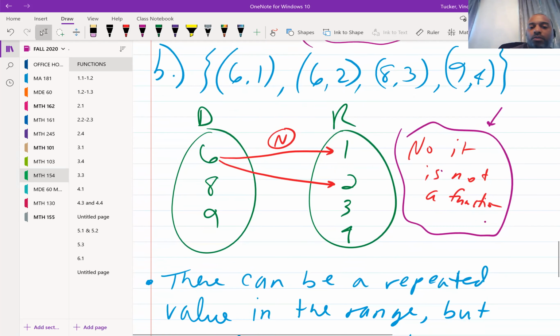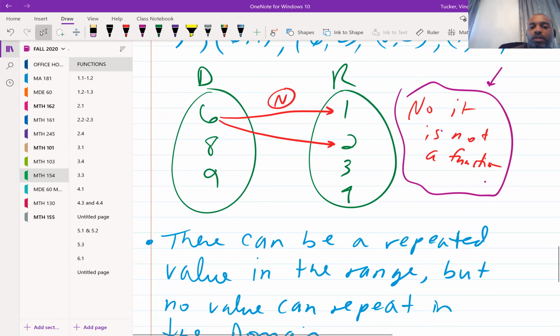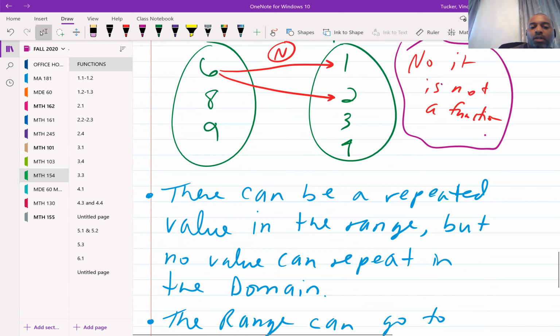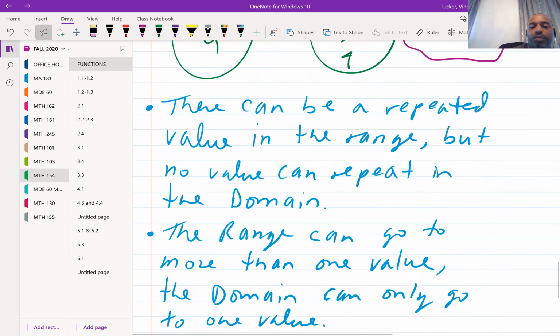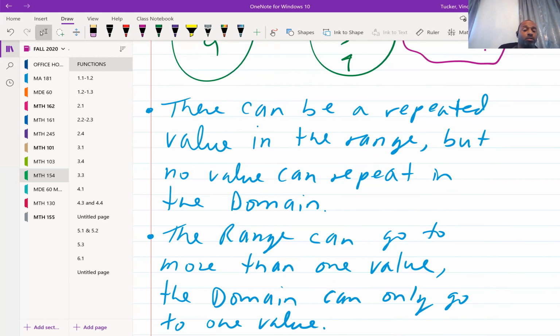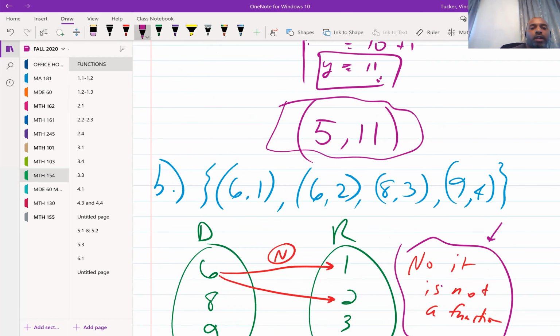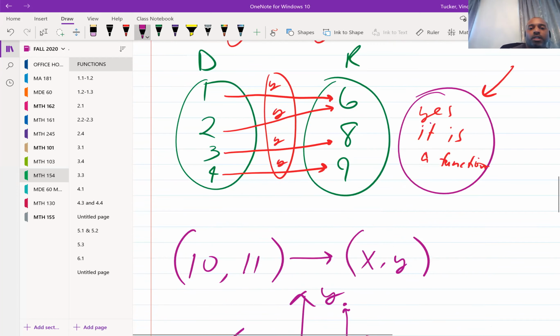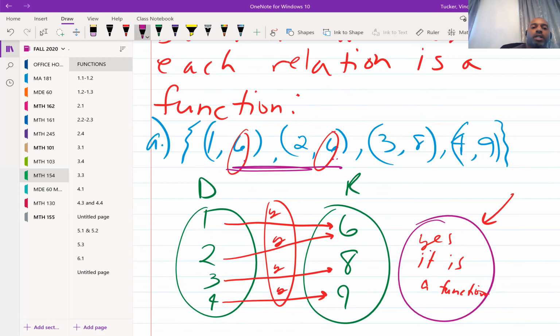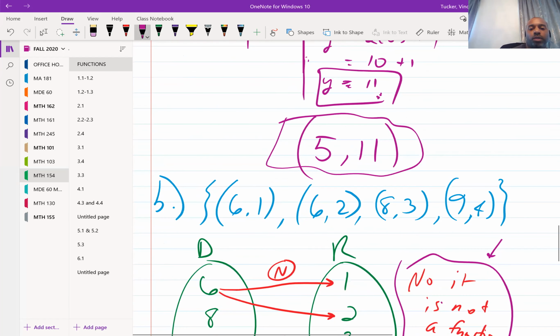All right, I'll scroll up. Is everybody okay? So in the blue, just some general statements about what we just witnessed through those two examples. You can say there could be a repeated value in the range, but no value can repeat in the domain. Notice in the first one, 6 was repeated in the range, but then here, when 6 was repeated in the domain, it ended up not being a function.